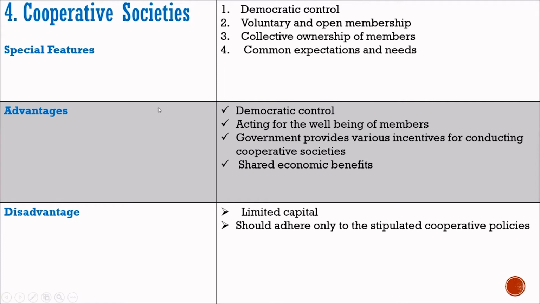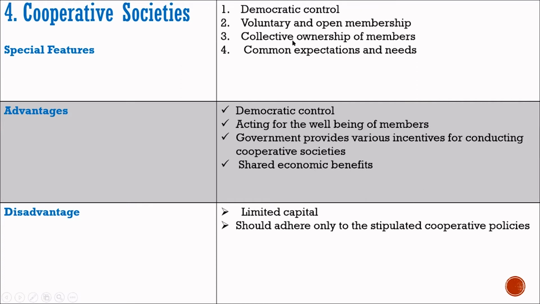Their advantages are they have democratic control, they act for the well-being of the members. The government provides various incentives for these cooperative societies, and the economic benefits are shared. So for sole proprietorships, partnerships, and incorporated companies, we talked about profits. Here, it is economic benefits, right?